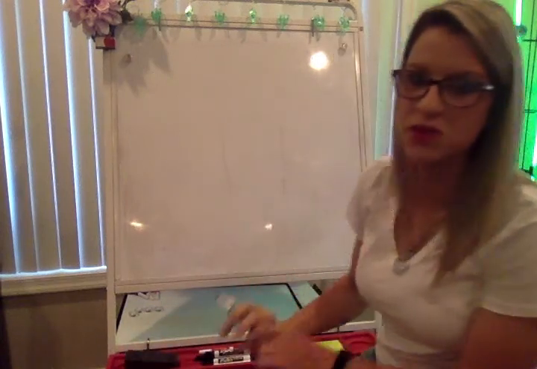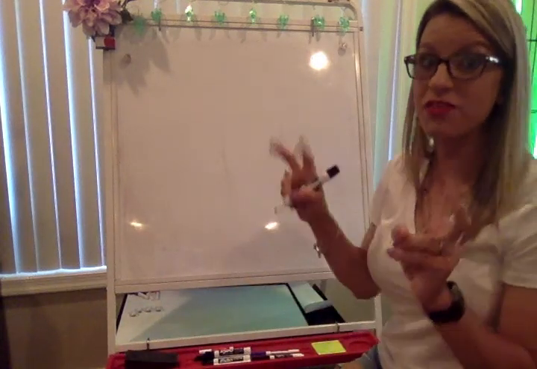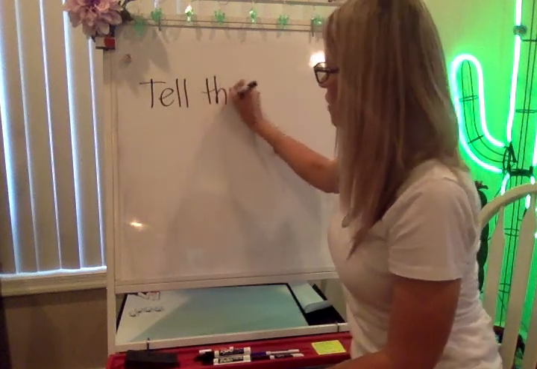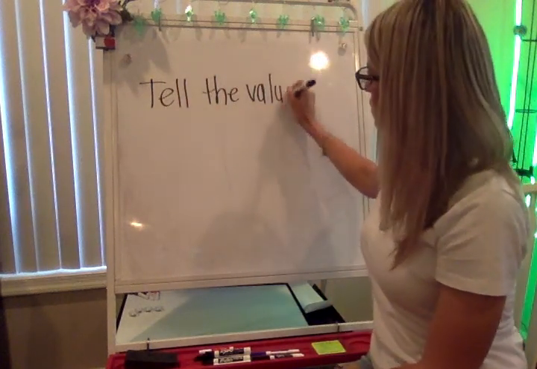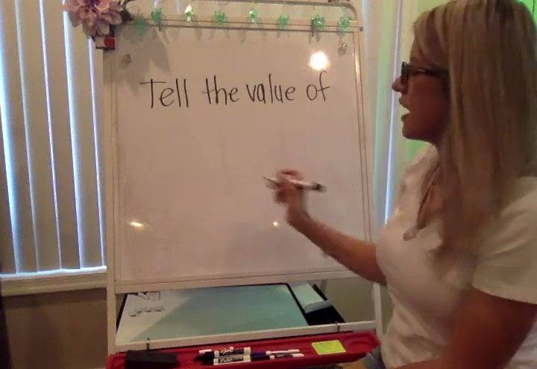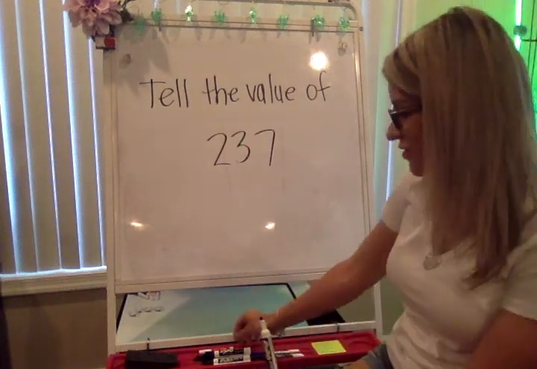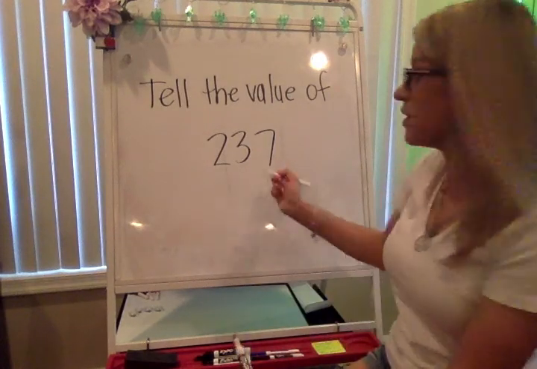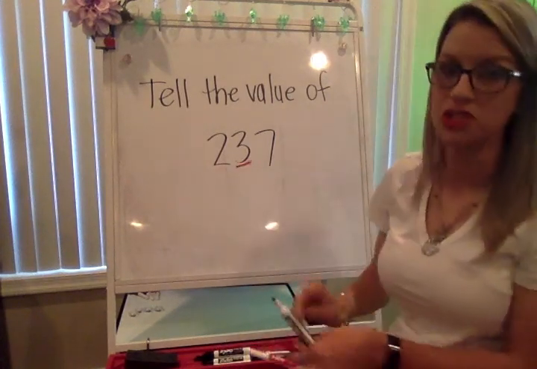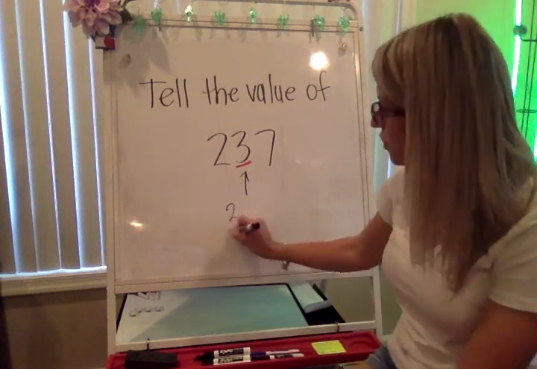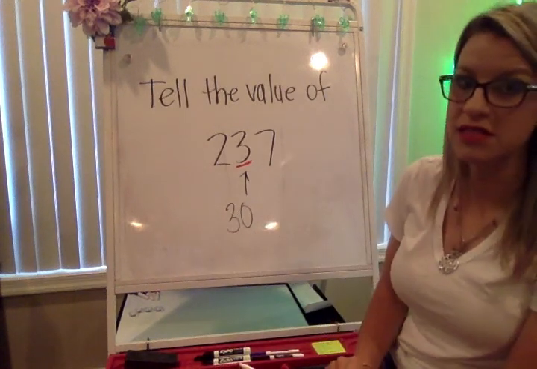There are other times where you might be asked to tell the value of. So I'm going to just write that as a question. Tell the value of, and then it might give you a number. So I'm just bouncing back to that number 237. It might say tell the value of the 3 in the number 237. This number 3 has a value of 30 in this number.